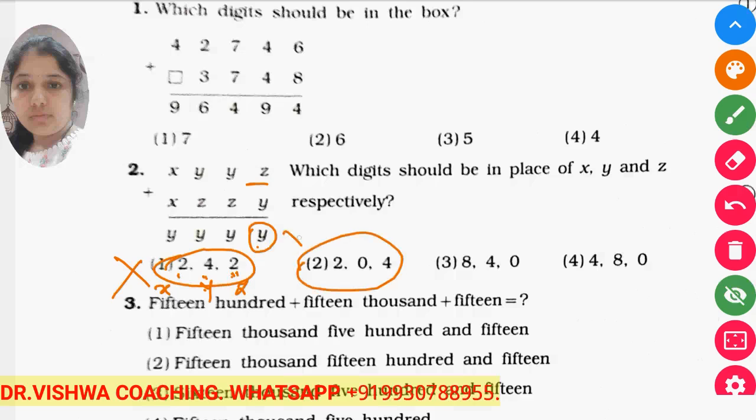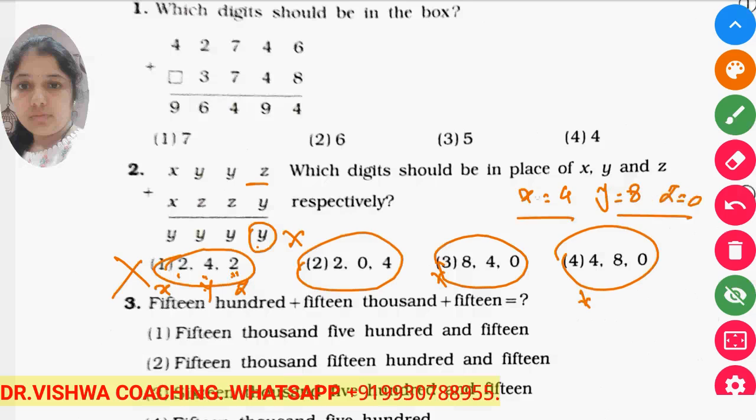Again we will put this, again we find that this is not the correct option, again this, and ultimately if we put the fourth option as x is equal to 4, y is equal to 8 and z is equal to 0, you will get all the answer as 8888. So your correct answer is option number 4.